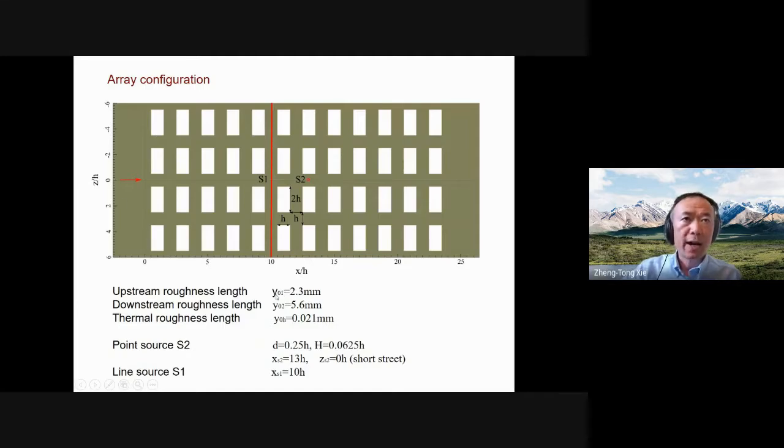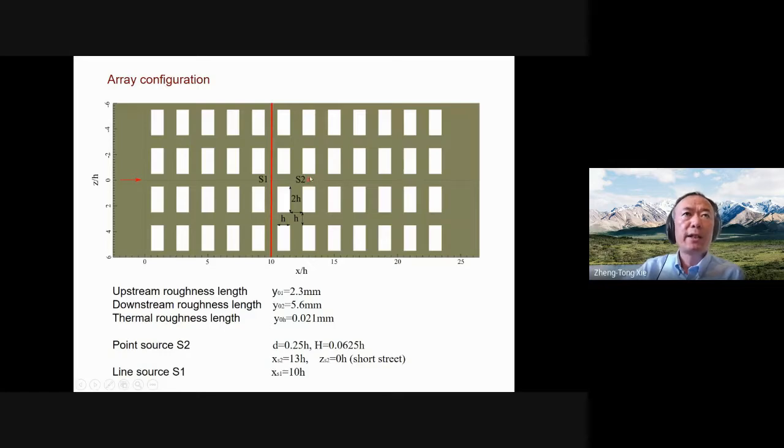So the z0 is 2.3 millimeter, and the roughness over the array of blocks is 5.6 millimeter, right? And also, you can estimate the thermal reference length is that. Okay.